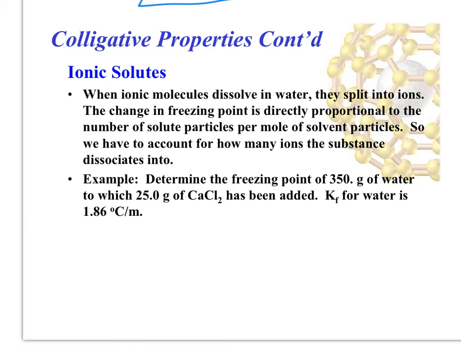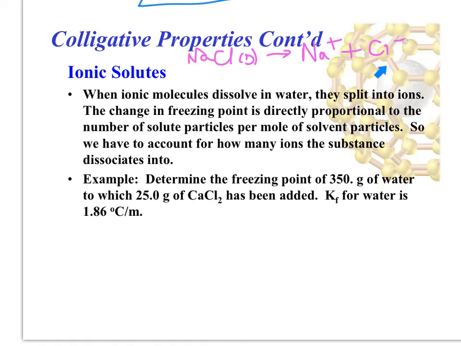Let's write out the dissociation equation for NaCl. So you have NaCl solid, which is made up of Na plus and Cl minus. Those separate physically, and so you get Na pluses and Cl minuses. So instead of one particle being in the way, now you have two particles being in the way.